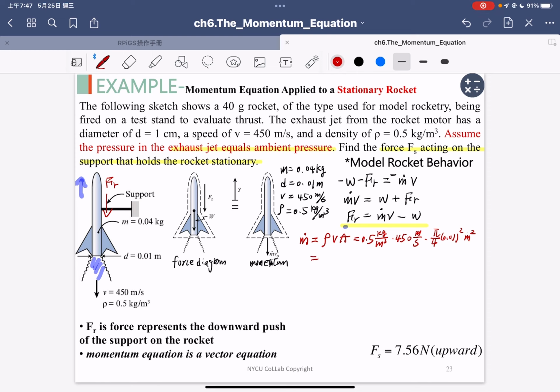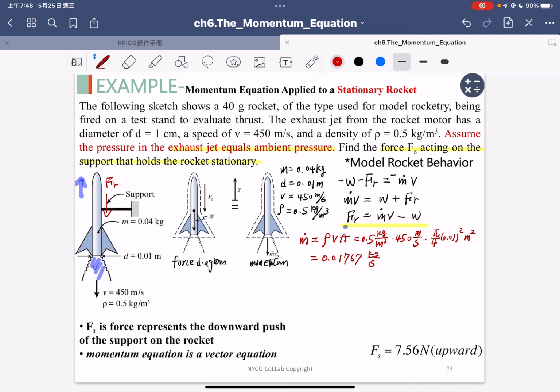You can use the calculator to compute the answer: 0.5 multiplied by 450 multiplied by pi divided by 4 multiplied by 0.01 squared. So the mass flow rate is equal to 0.0176767 kilogram per second.